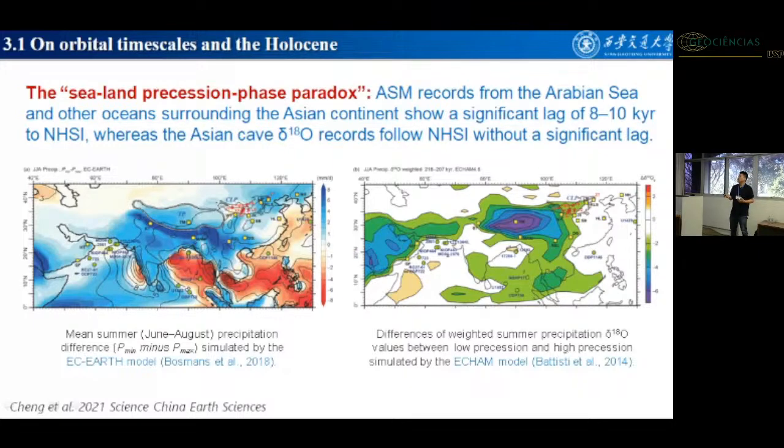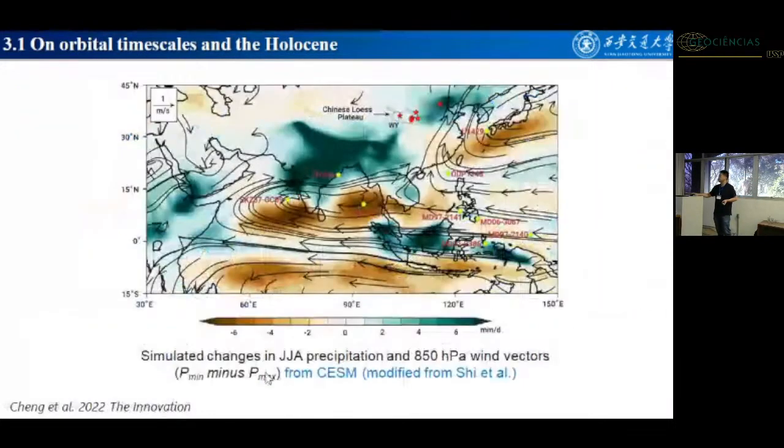For precipitation delta 18O results, the model results also show a similar pattern: the seawater and Arabian Sea and Bay of Bengal are different from the precipitation delta 18O inland. Another model result from CESM shows similar results.